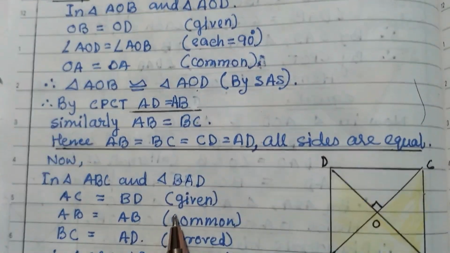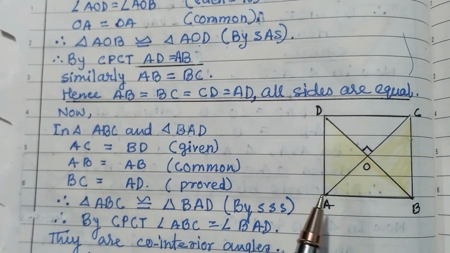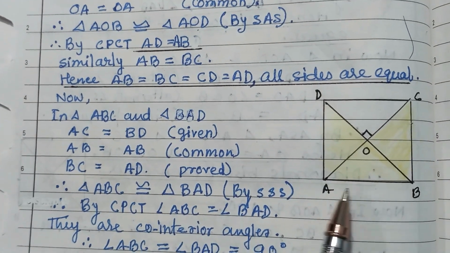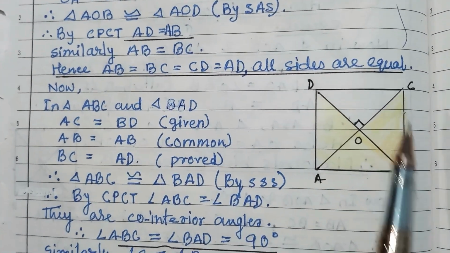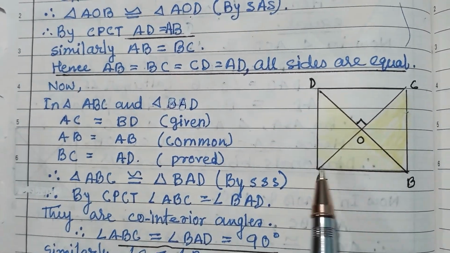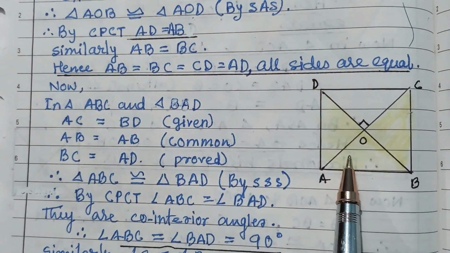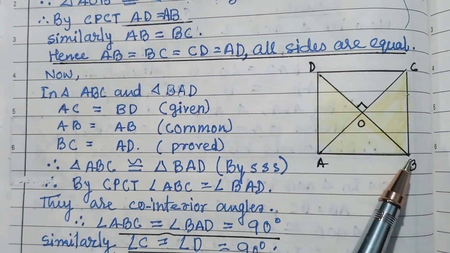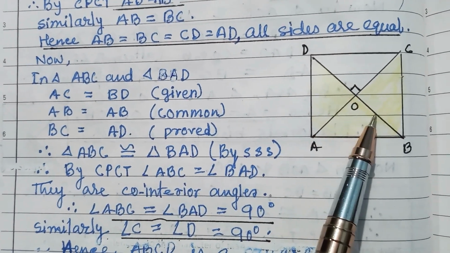Now the next part: all four angles are 90 degrees. To prove that, you take triangles ABC and BAD. Here AC is equal to BD, as given, the diagonals are equal.